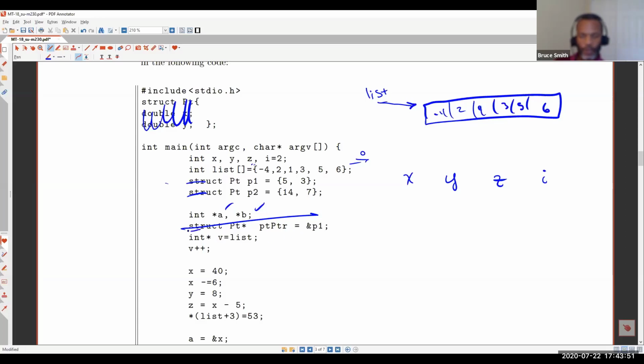So when I declare this pointer v, I can use v in that sense. When you say v++, that pointer moves from the -4 that's here, so that v equals v plus 1.